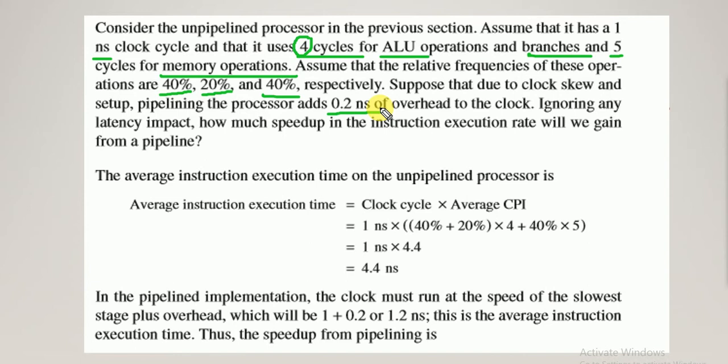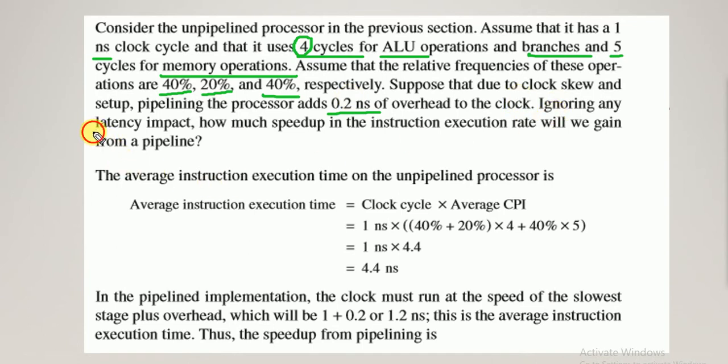If some problem happens due to the clock skew I was mentioning before, and due to some other setup or some register delay, an overall overhead of 0.2 nanosecond is added to the clock. So if it follows pipelining, an overall lagging of 0.2 nanosecond will also happen to the clock because of some problems related to pipelining.